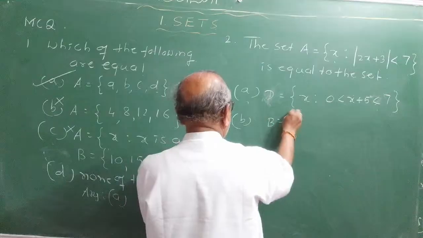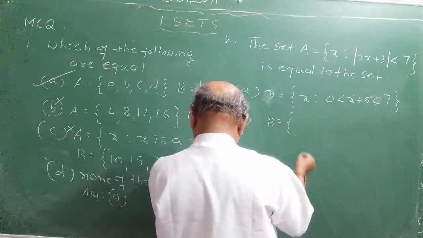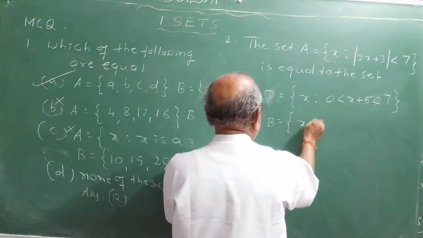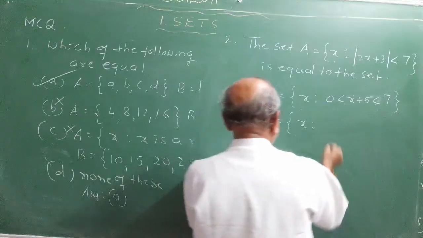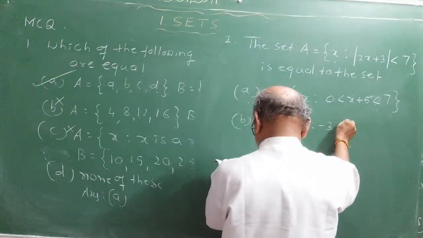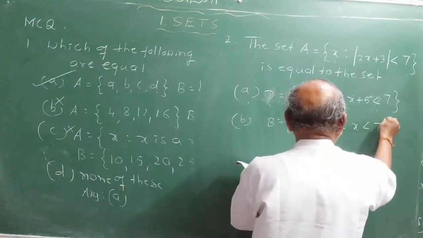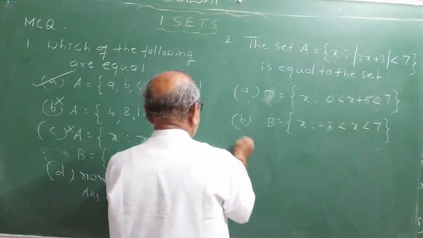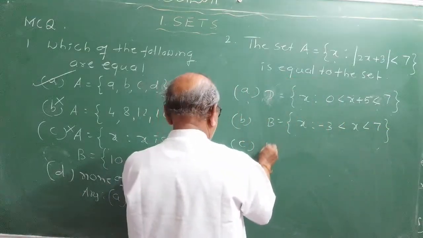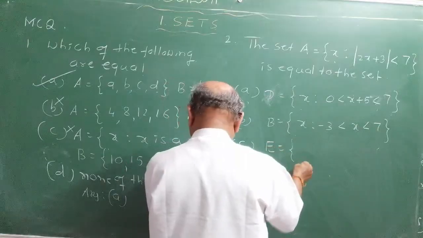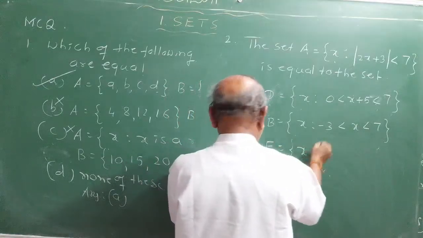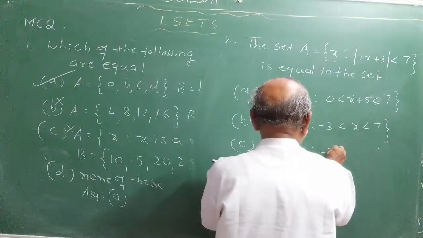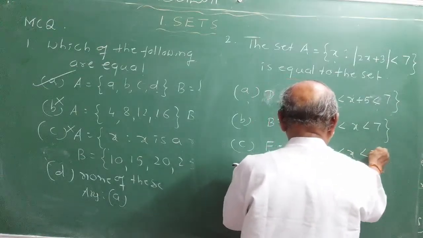Set B is given as the set of x such that minus 3 is less than x, x is less than 7. C. E is given here, the set of all x such that minus 7 is less than x, x is less than 7.